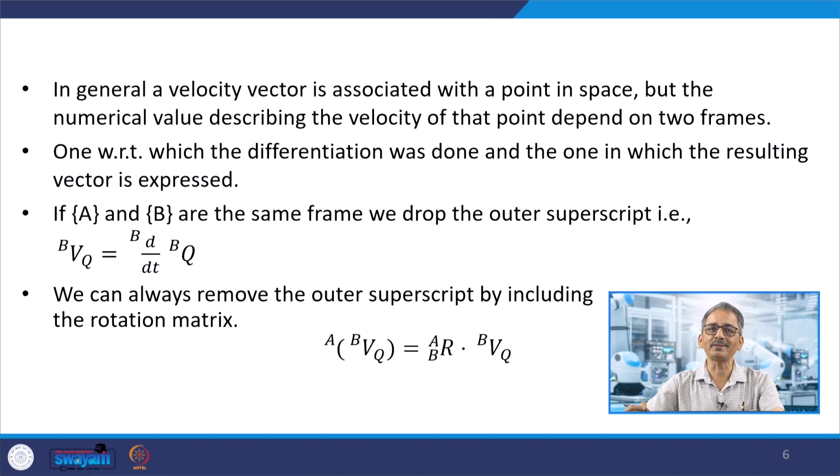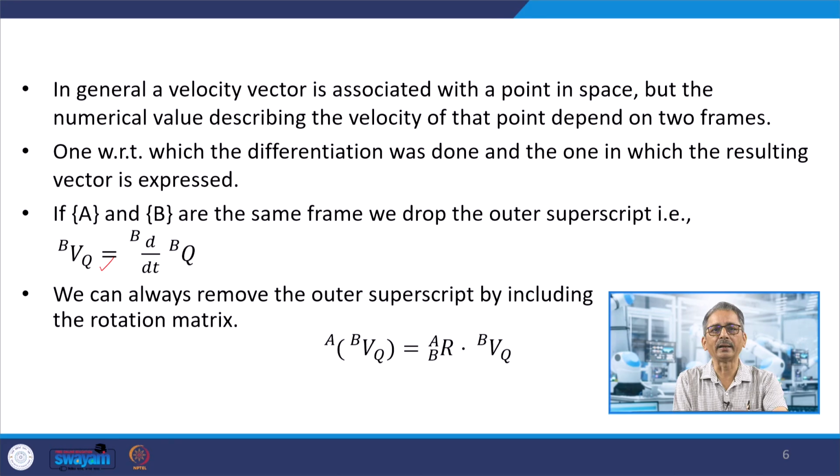One is the frame in which the differentiation is done, and the other is the frame in which it is expressed. If A and B are the same frame, then we drop the outer superscript and write it like that. It essentially means that this is differentiated in frame B and also expressed in frame B.